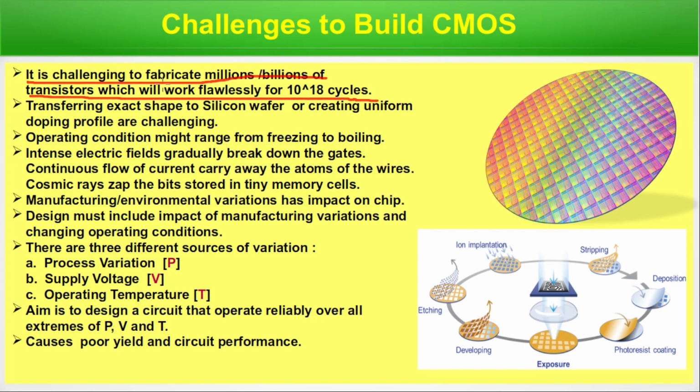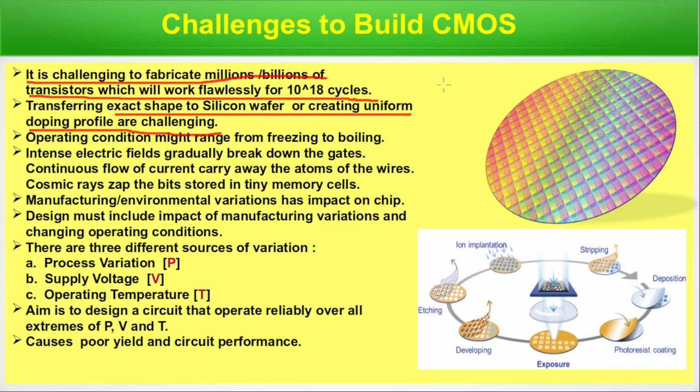We have to fabricate in a way so that the transistors work reliably. They will perform as they are intended to work, and that it will do continuously for a huge number of cycles. That's the biggest challenge.